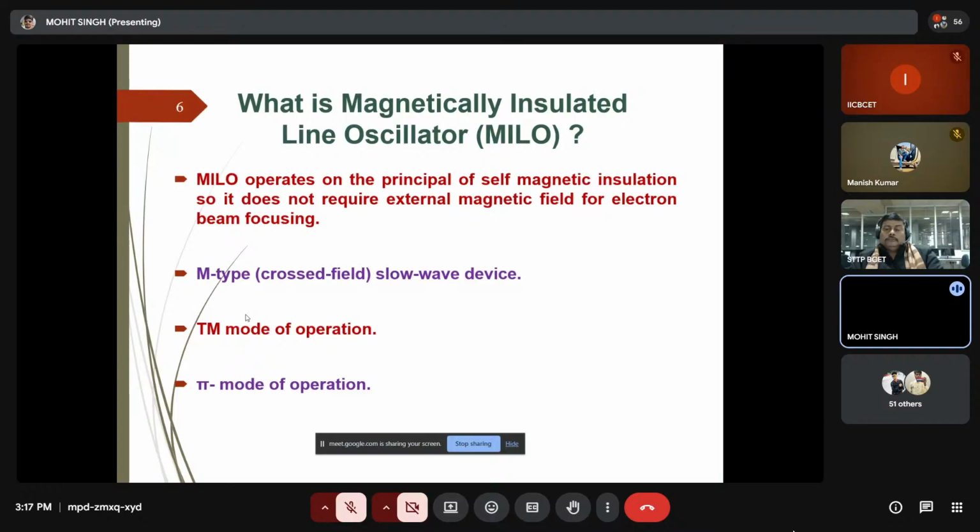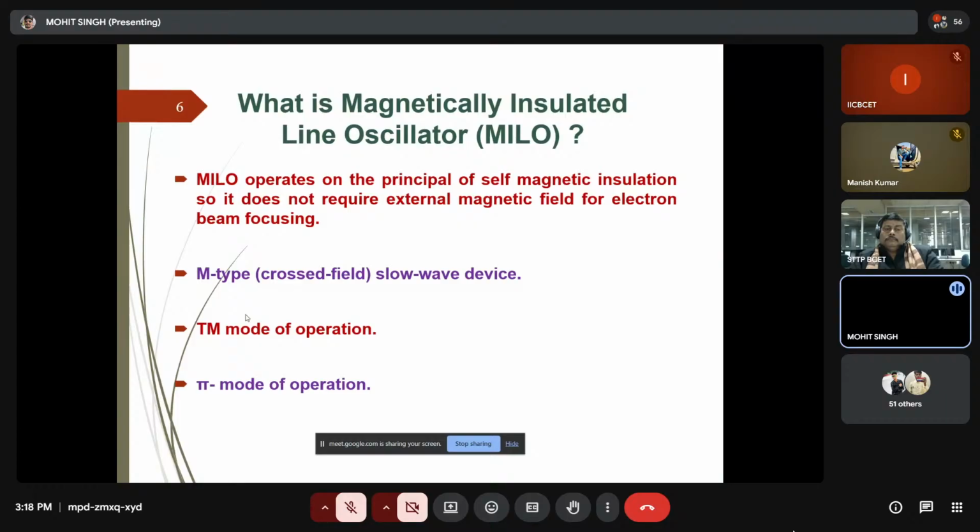In an HPM source, we need focusing of the electron beam for interaction with the EM wave. Here in the magnetically insulated line oscillator, the kinetic energy of the electron beam is converted into RF wave, that is high power microwave.